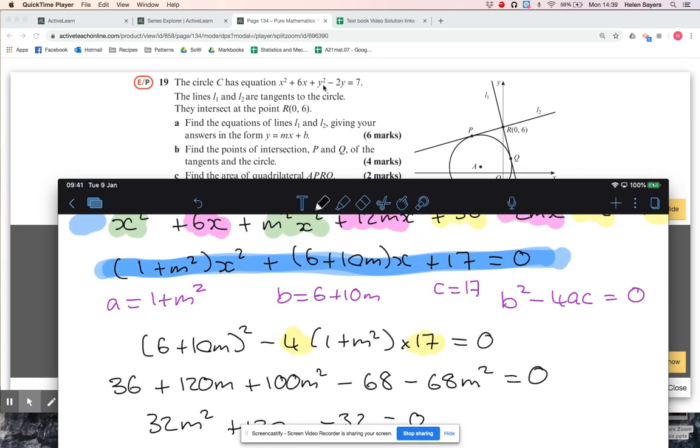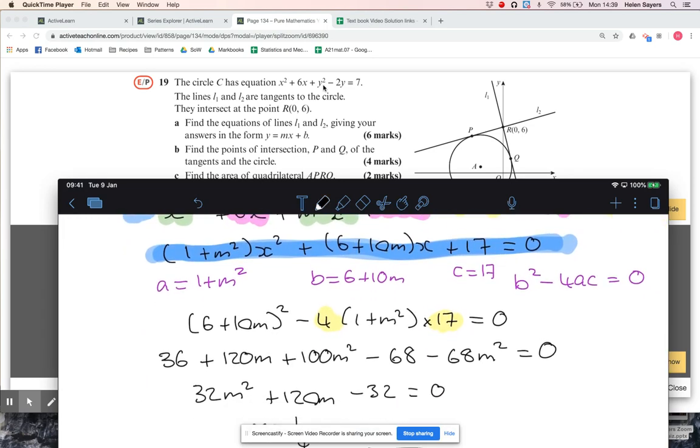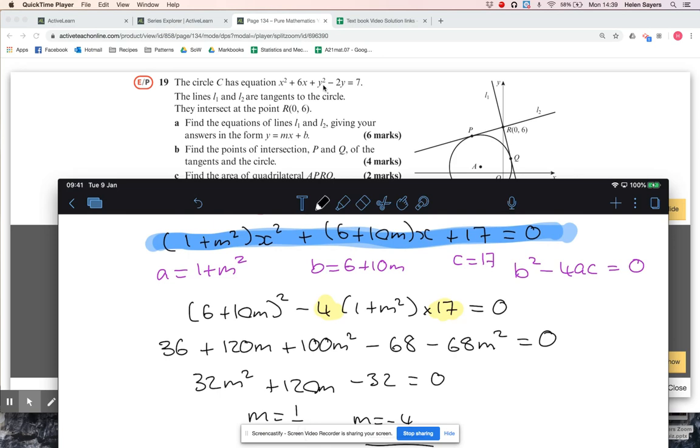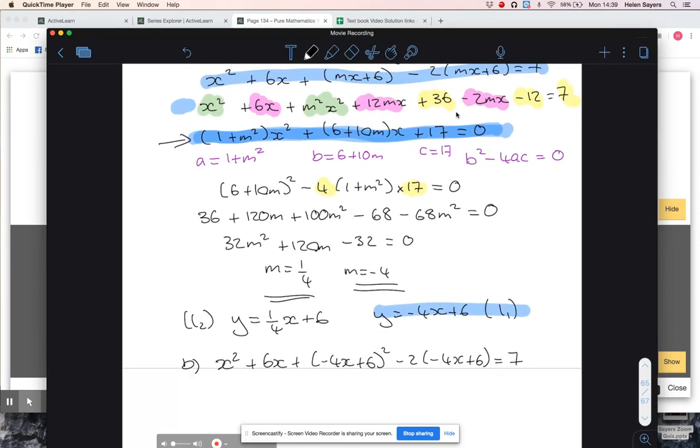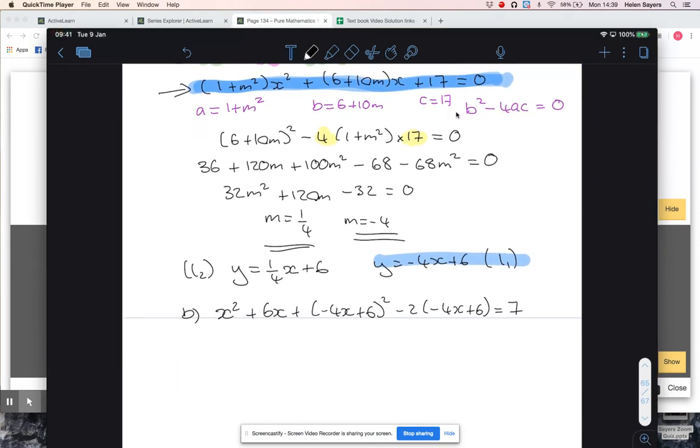So I'm going to go back up to this blue highlighted line, at the top of the page. So I'm not going to just re-simplify all that. So 1 plus m squared, well, if m is minus 4, that's 1 plus 16.